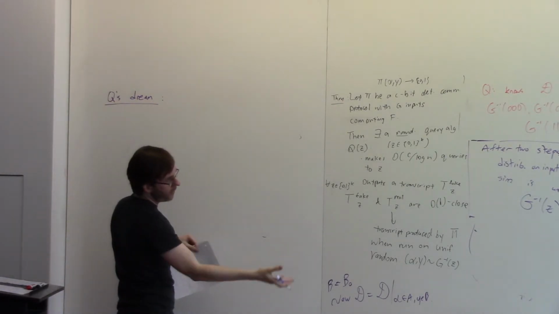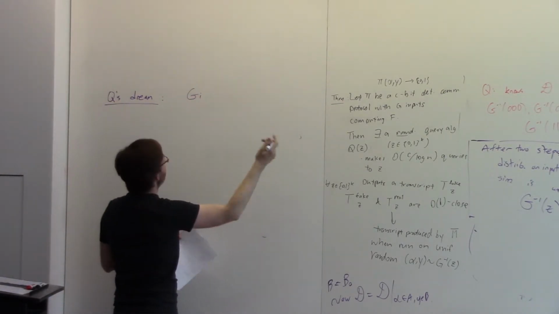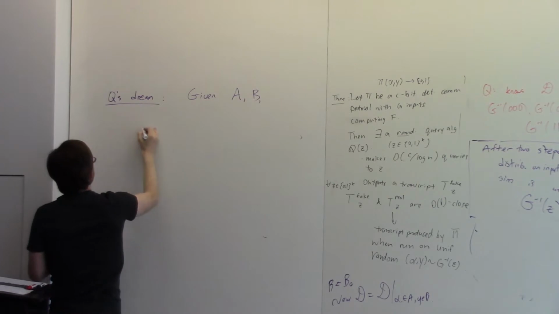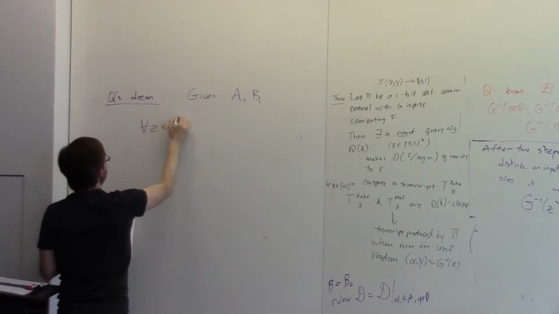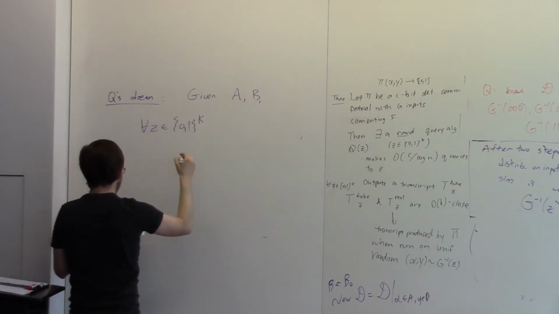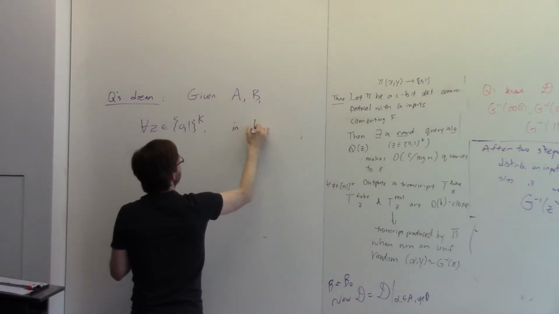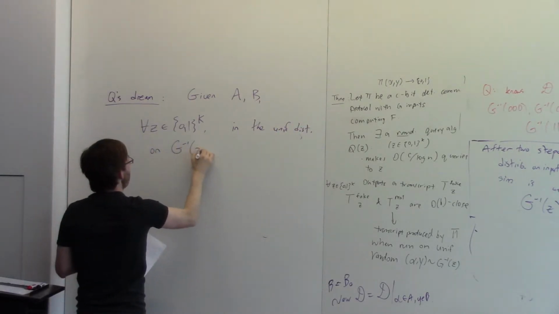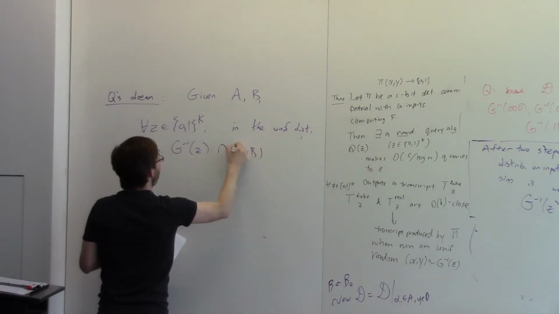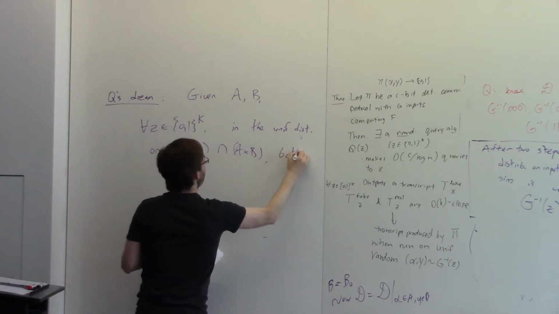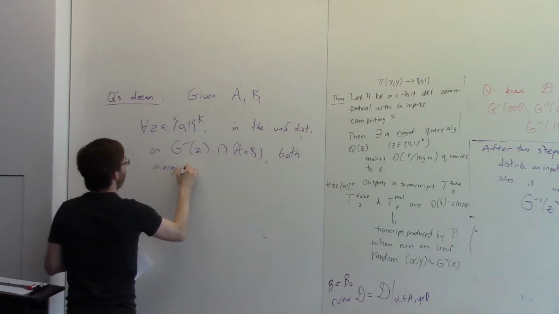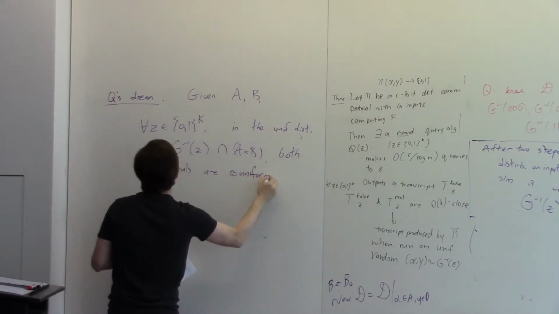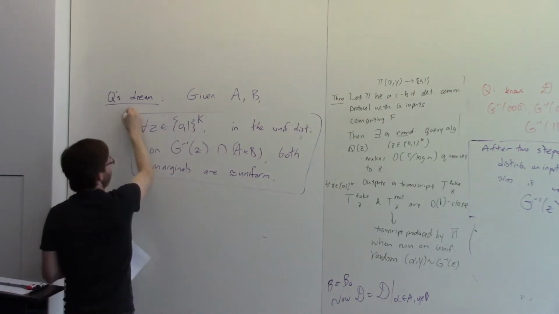Maybe it's done some of the simulations, a couple steps, at least the first step it could do. And now it's boiled things down to some A and B. Its dream is this. It wishes that for all Z in 0,1 to the K, in the uniform distribution on G inverse Z intersect A cross B, both marginals are basically uniform.